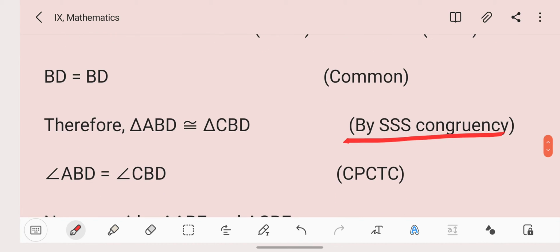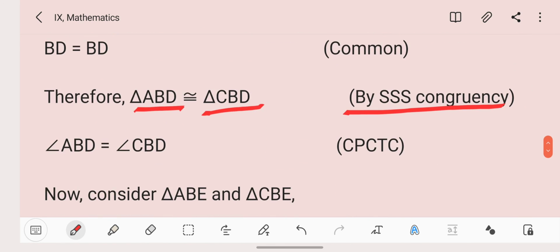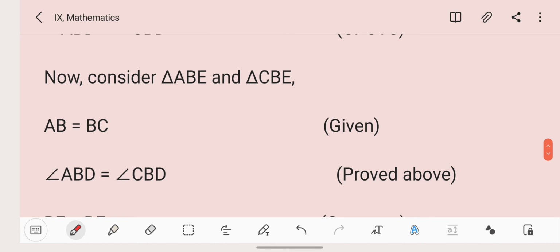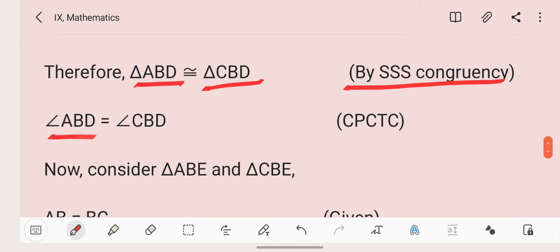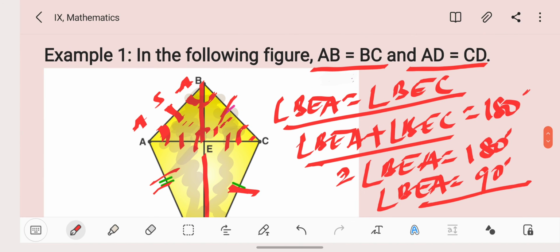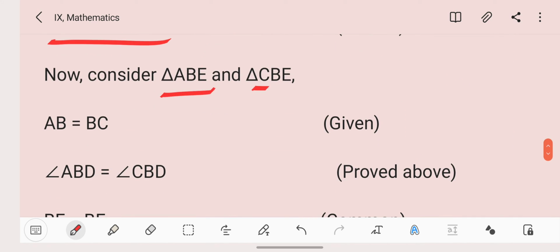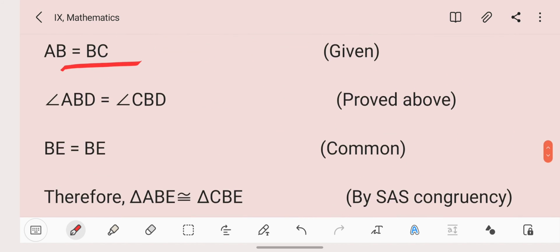By SSS congruence criterion, first of all ABD and CBD are congruent, and from CPCT this angle ABD equals this angle. Then we have taken another triangle, ABE and CBE. AB equals BC. The angle is equal, and BE equals BE, which is common.